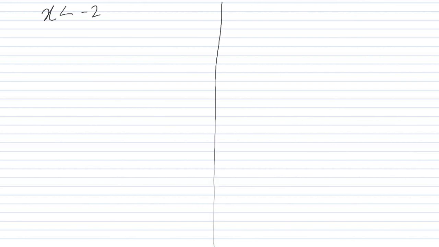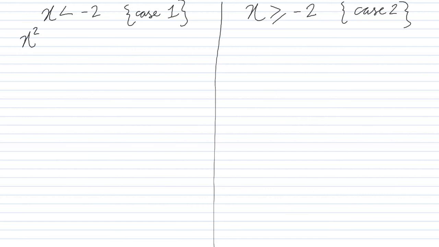Let me quickly write this. The case of x is less than negative 2 is case 1, and x is greater than or equal to negative 2 is case 2. You now have x squared plus 4x minus 4 equals 0. So a equals 1, b equals 4, c equals negative 4.